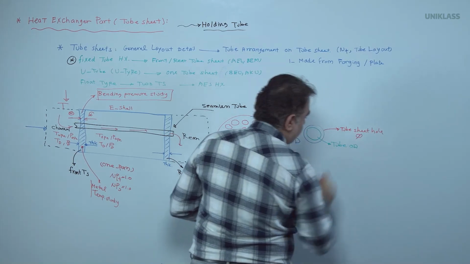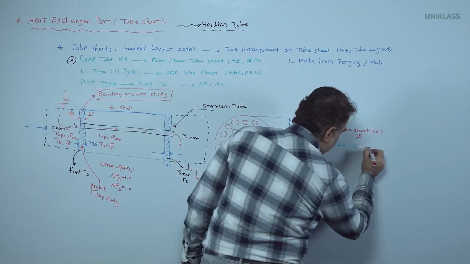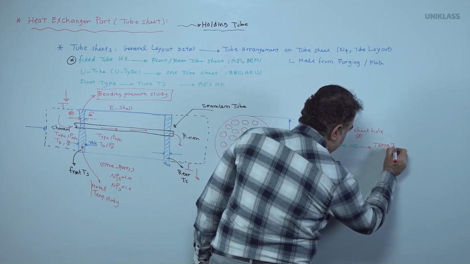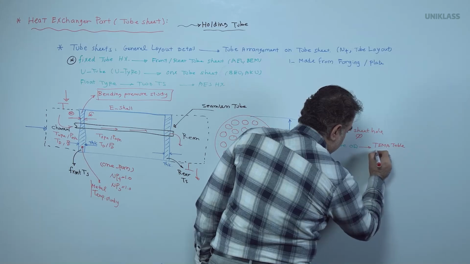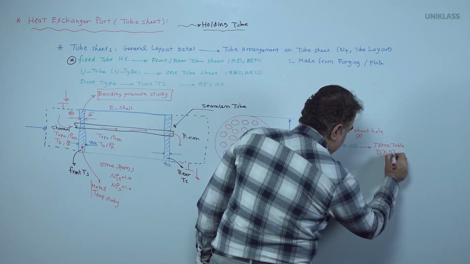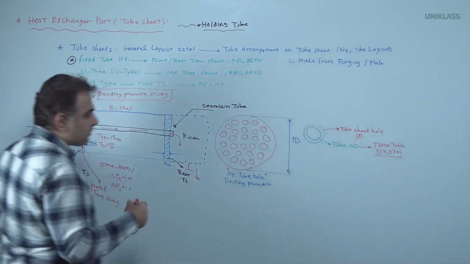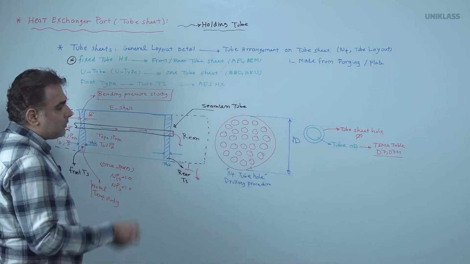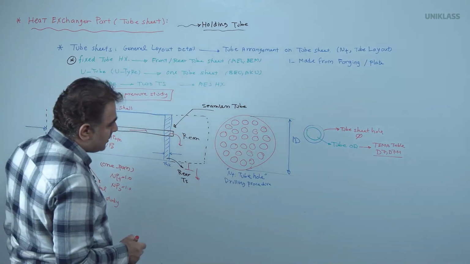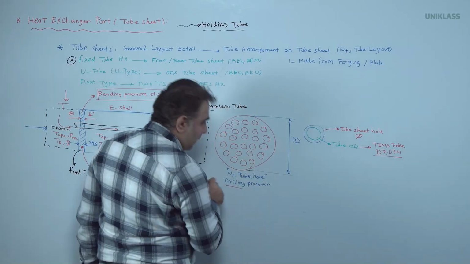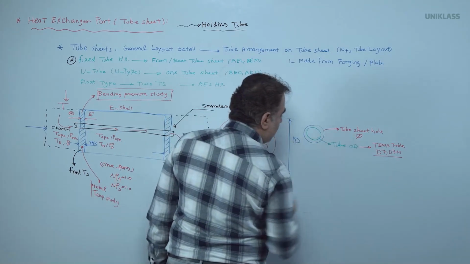This is called phi. The OD will be referenced by TEMA standard, TEMA table D7 and D7M. When we are talking about the tube specification in the TEMA sheet, we know what the OD of the tubes is. And we need to think about what the drilling procedure is and what the tube hole on the tube sheet is.